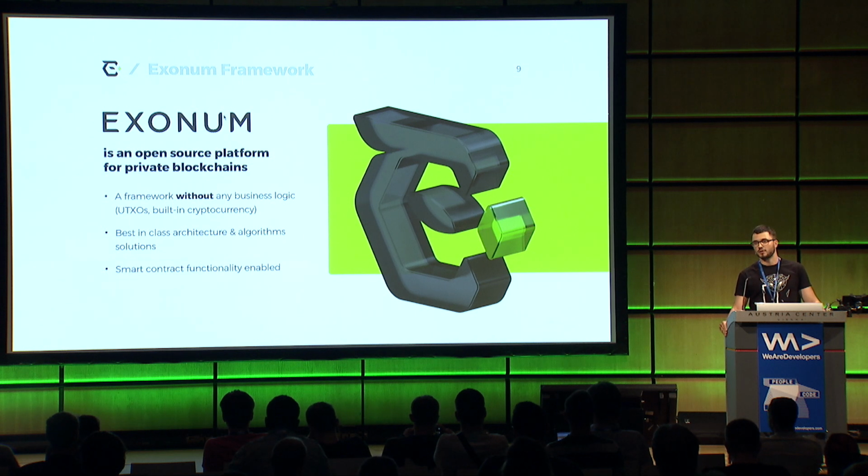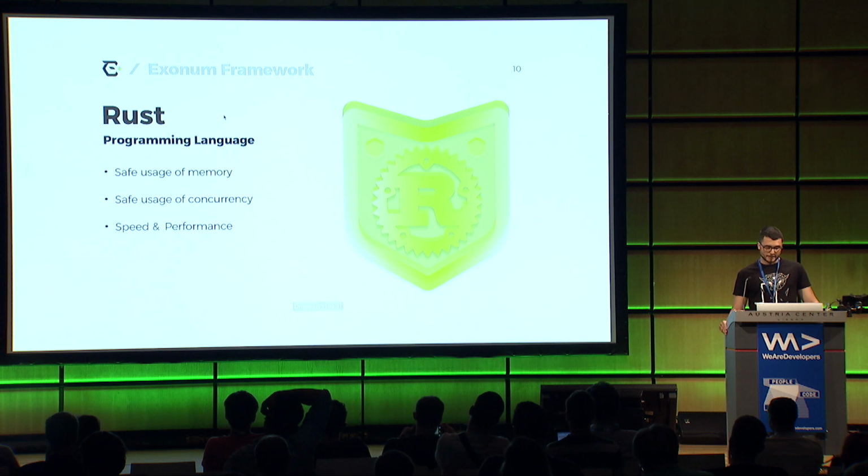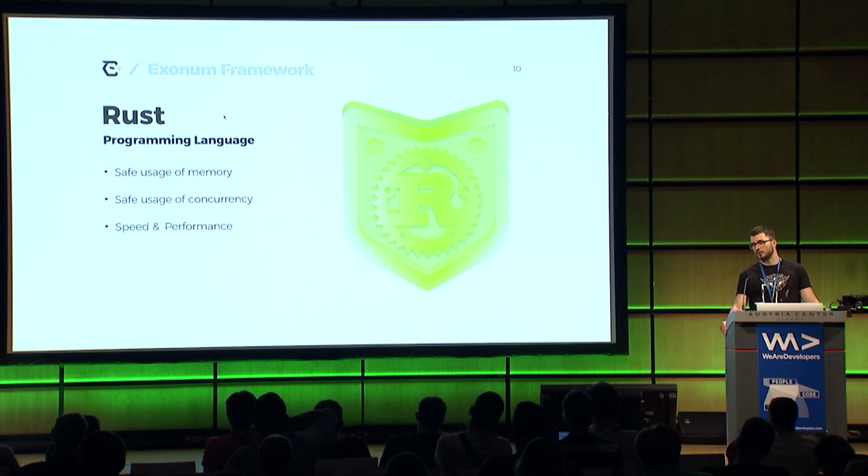Also, we have lots of cool things in the open source. So we have documentation, we have some services that may help you with different business cases. Also, we provide testing tools and so on. So, what about the language that our framework is written in?